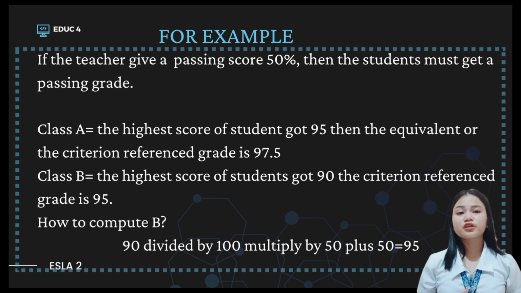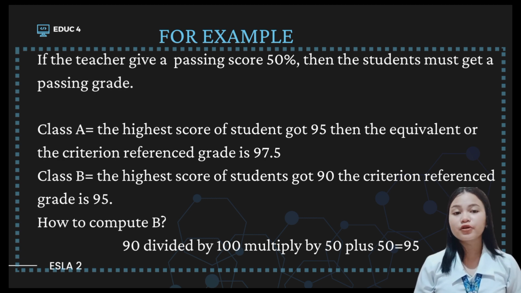If the teacher gives a passing score of 50%, then the student must get a passing grade. So in class A, the highest score the students got is 95, then the equivalent or the criterion reference grade is 97.5. In class B, the highest score the students got is 90.